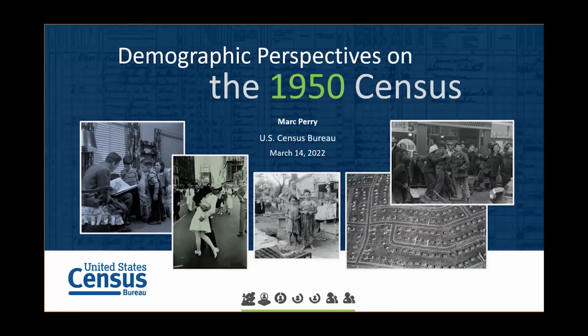The 1950 census opens a window into one of the most transformative periods in modern American history. Collectively, the data from the 1950 census revealed a country of 151 million people that had only recently, as Sharon said, emerged from the varied disruptions of World War II and the Great Depression.